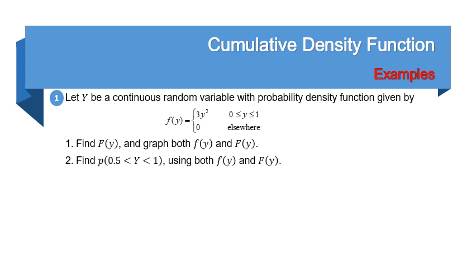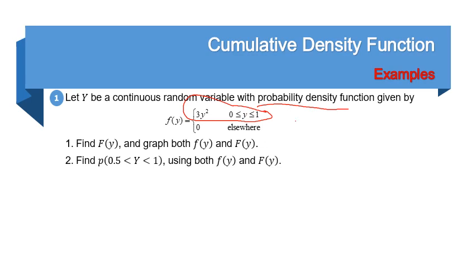This is an example where he gave us the probability density function for the random variable y, as you see before you here. It's 3y squared when your y is between 0 and 1.